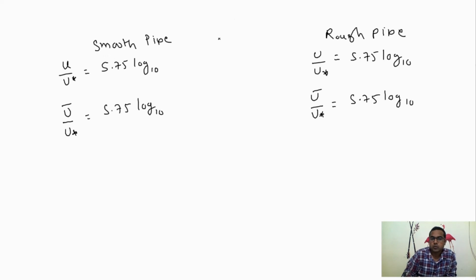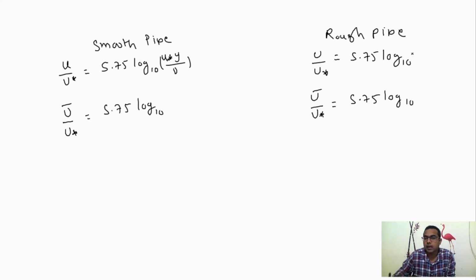So let's summarize the various equations in turbulent flow for smooth and rough pipes. Here I have written this form of equation just because these terms are common in all four forms. So for the smooth pipe you have to remember the term U star times Y divided by kinematic viscosity.